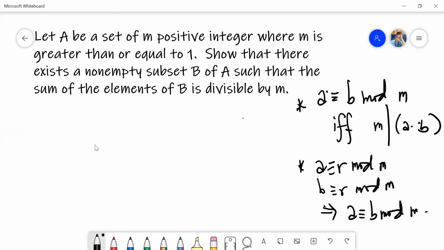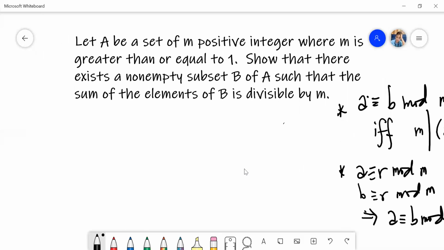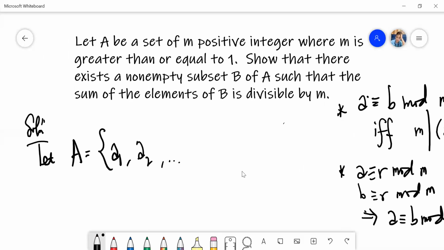Okay. To prove this, we'll start by assuming that this is our set A. Let A be the set containing A1, A2, up to what?